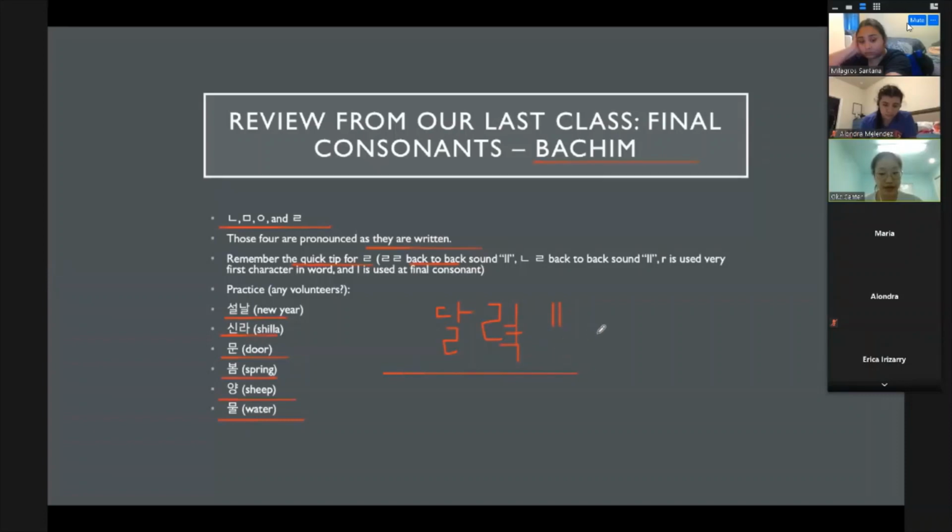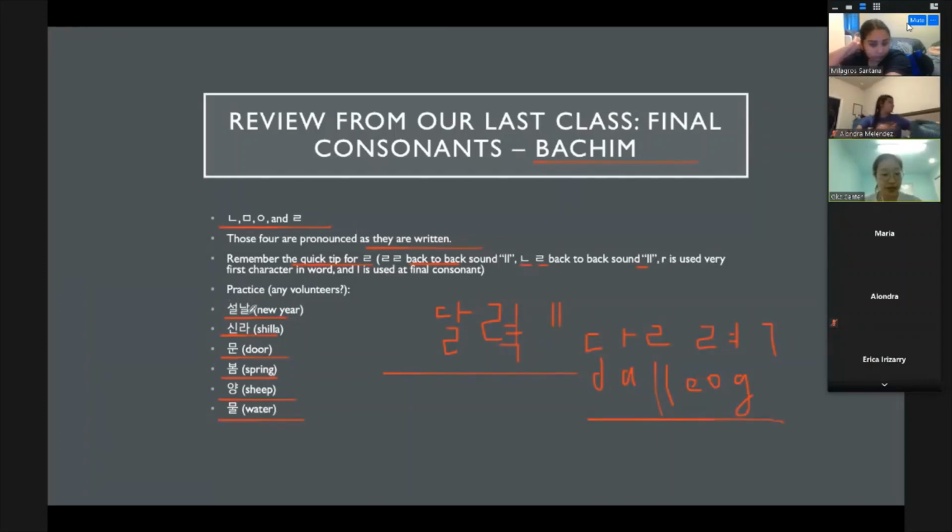If I have to write it down, it's tigut, A, and then double L, and then 여, EO, and then G. So 달력, 달력. And then also liur back to back is double L.